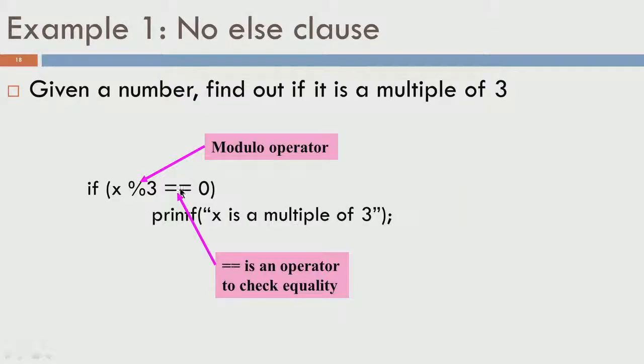You evaluate something on the right side and assign it to the left side, but two equal to symbols right after the other check for equality. So the meaning of this expression is, if x modulo 3 is equal to 0, then do this, else there is no else statement here. If this condition is true, this statement will be executed.